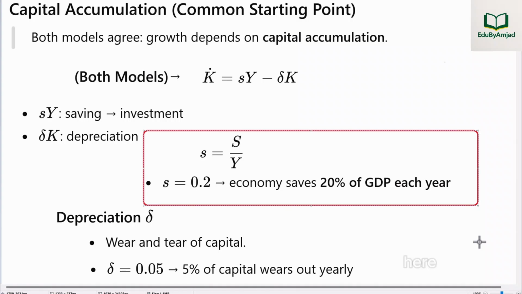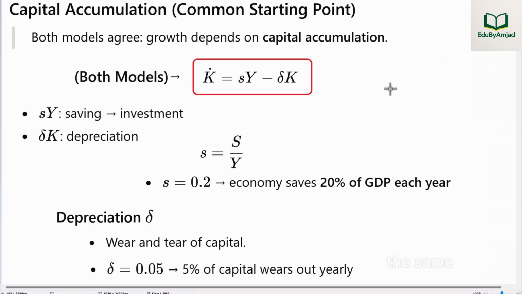The saving rate s here is the fraction of national income that is saved and invested each year. It should not be confused with the marginal propensity to save, which is a short-run behavioral concept measuring how saving responds to changes in disposable income.